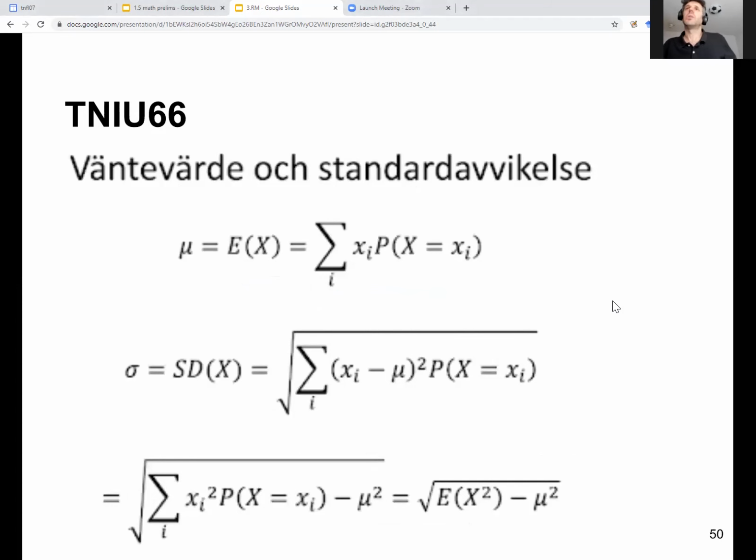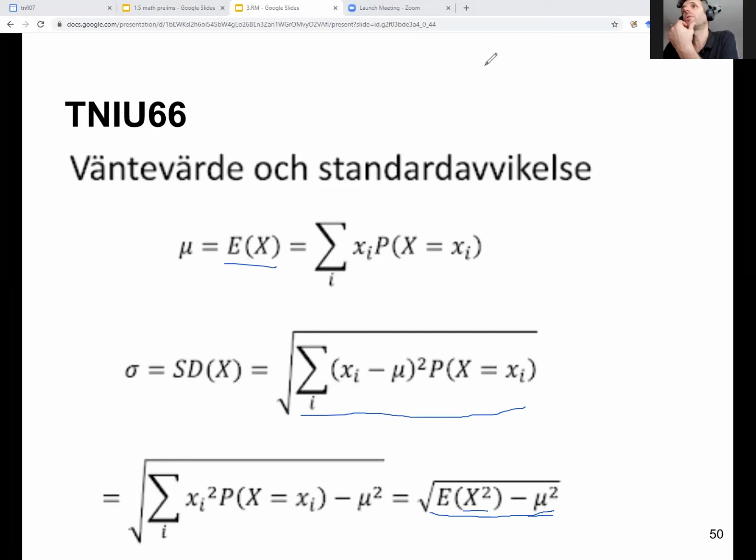Then the standard deviation, which is the square root of the variance. So essentially what you have here under the square root is the variance. Maybe this is closest to what we had: expected value of the square minus square of the expected value.